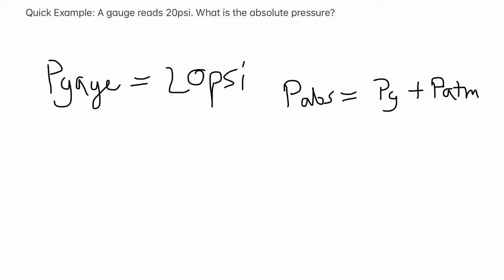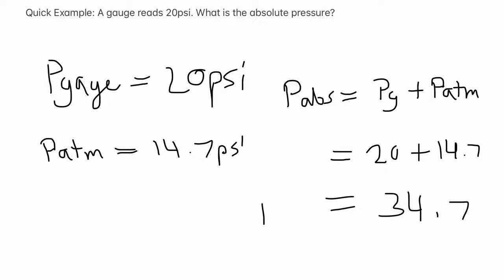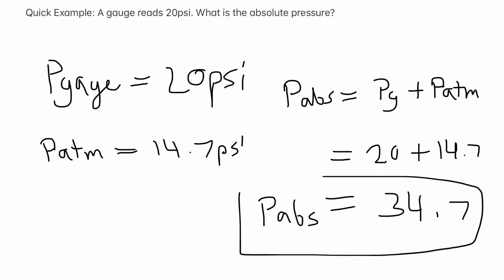And we remember that the atmospheric pressure was given in a few different unit systems, and in our case we have psi, so I want to use that the atmospheric pressure is 14.7 psi. If I plug this into the equation, we'll get that the absolute pressure is 20 plus 14.7 psi, which will give us 34.7 psi total, and this is our absolute pressure. So that is our answer to this problem.